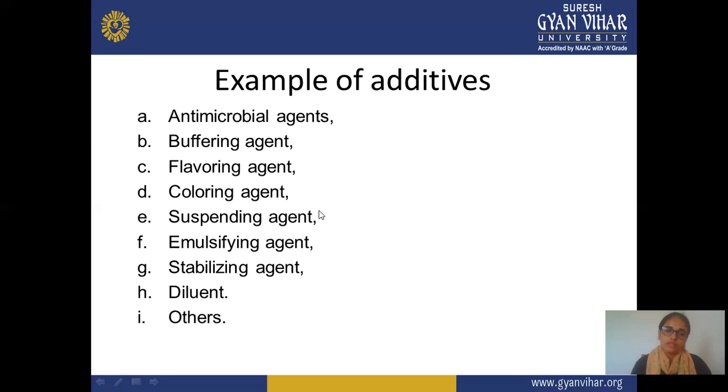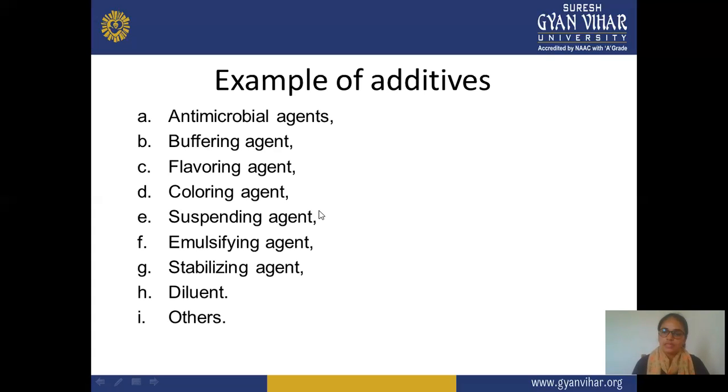We can say that if the suspending agent plays an important role in suspension, then the emulsifying agent plays an important role in emulsion. Without it, your emulsion doesn't form, and emulsions are biphasic formulations, containing both oil and water phases. So you use this emulsifying agent as an emulsifier in emulsion formulation.